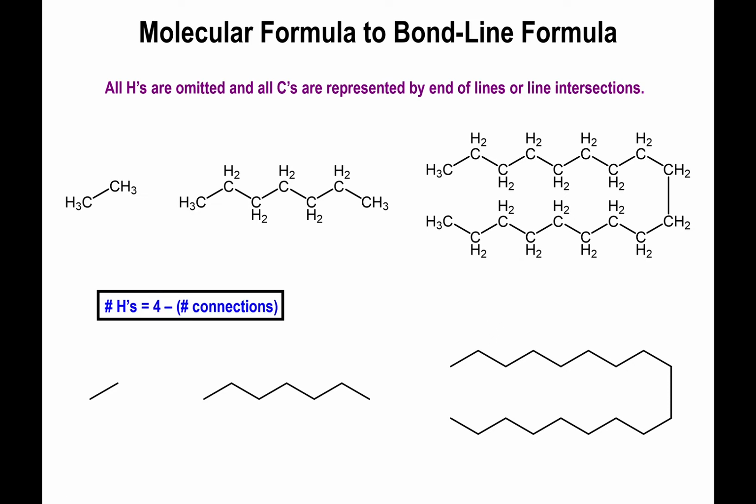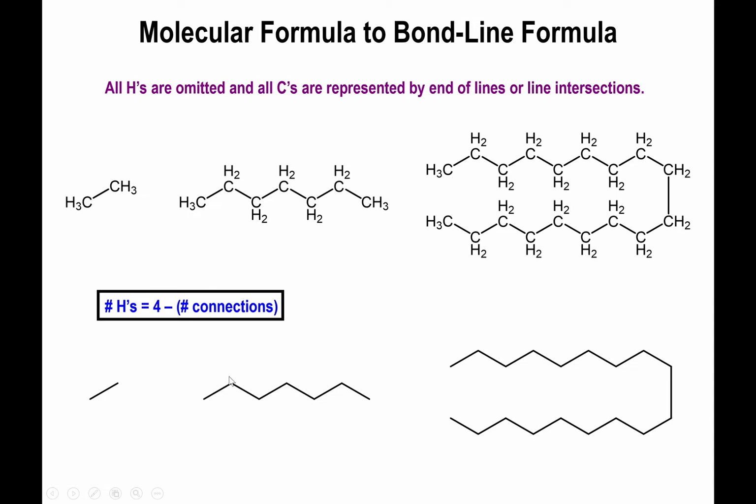Okay, now in respect to the connections, one thing that I want you to get familiar with, because from here on out we're going to be drawing the molecules in the bond line formula shape. What I want you to remember is that carbon has to have 4 bonds. Every time it's going to have 4 bonds, especially if you have a neutral structure.